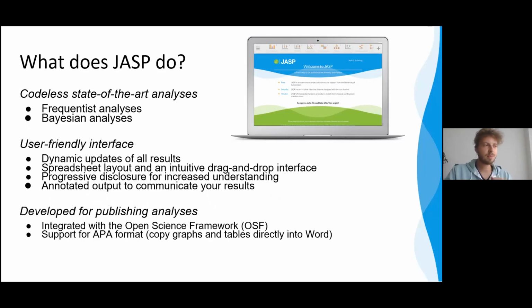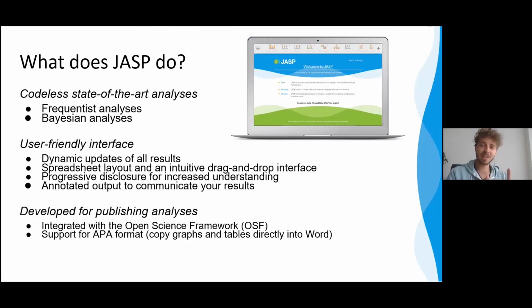So third point there is that JASP is developed for publishing your analyses. So it is integrated with the Open Science Framework. And I heard there was already a question about how do we upload our JASP files to the Open Science Framework. We're going to show that today. It also supports APA format tables, right?